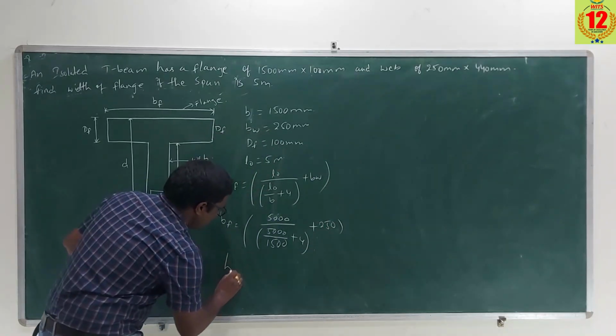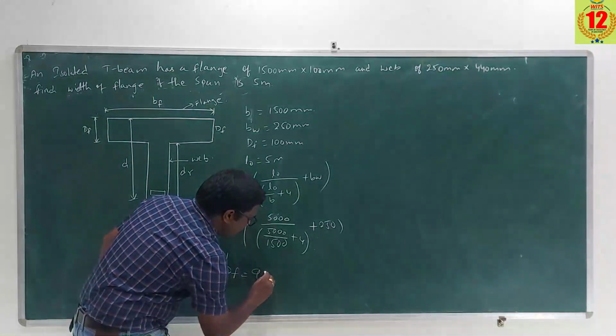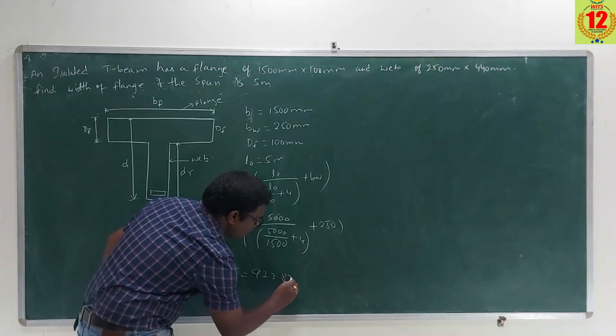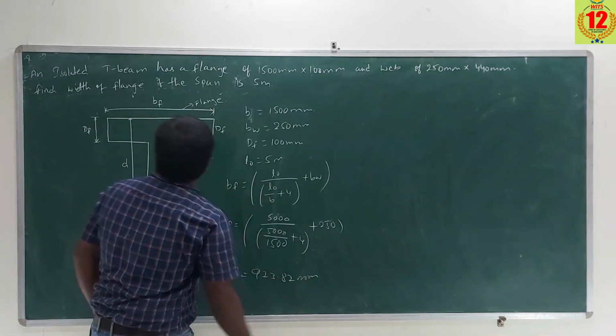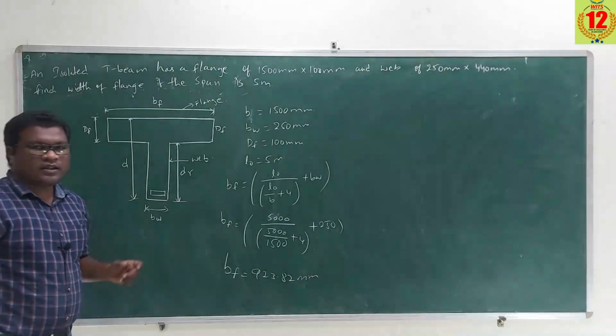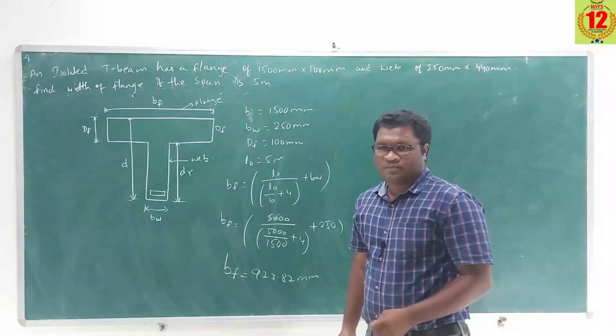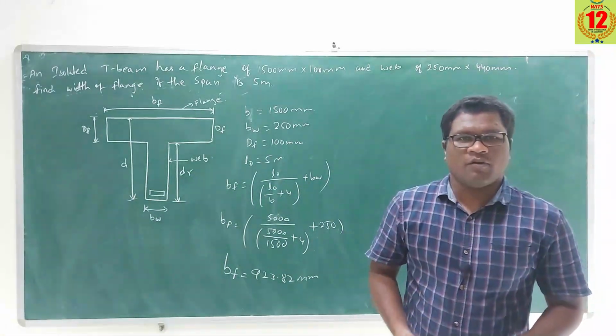Here we are going to get the value of 932.82 mm. This is the width of the flange for a span of 5 meters. Okay, and next we are going to solve another problem.